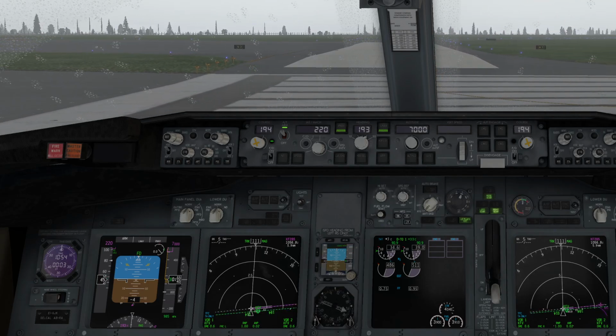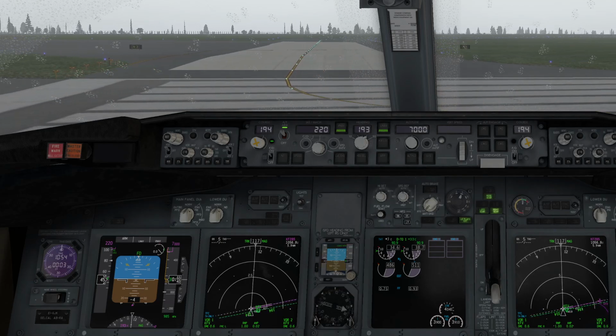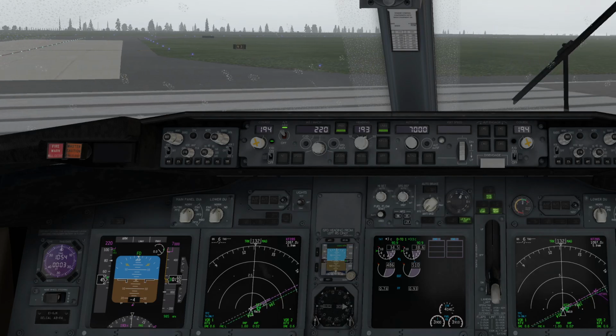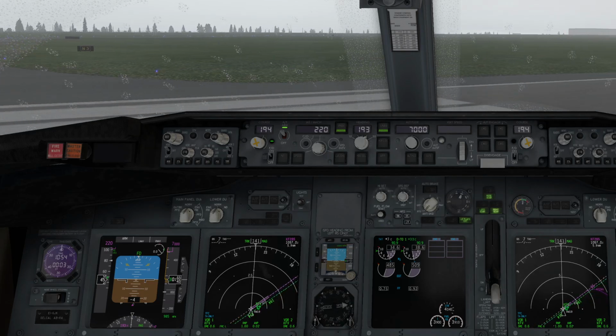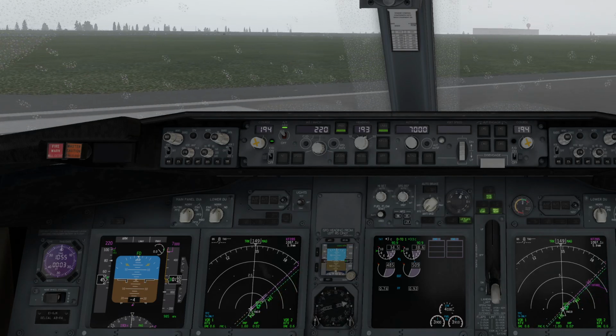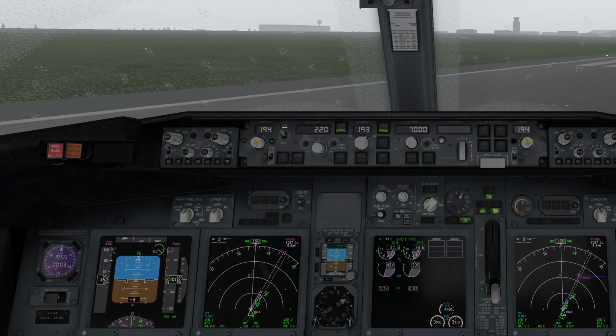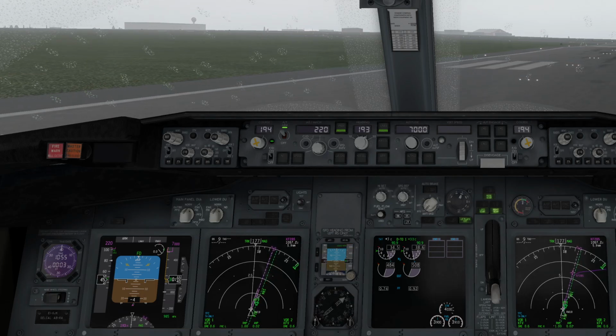Turning right, we have flaps 5. Landing lights are on. On the runway heading 193.